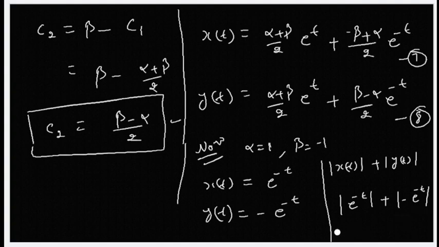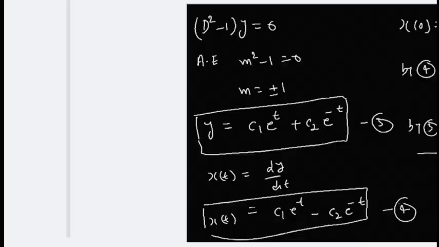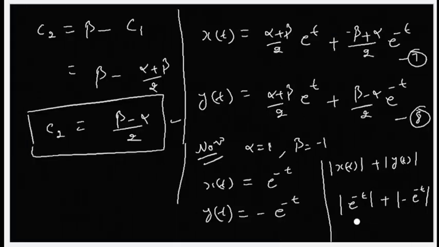As you can see, in the first option, if t tends to infinity, this goes to 0, and again this goes to 0 if t tends to infinity, because as you can see here the exponent is -t in both situations.